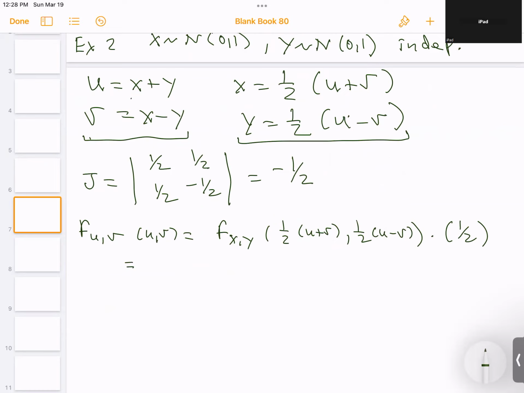So this should just be standard normal. This is true on all of R2. The support is all of R2.